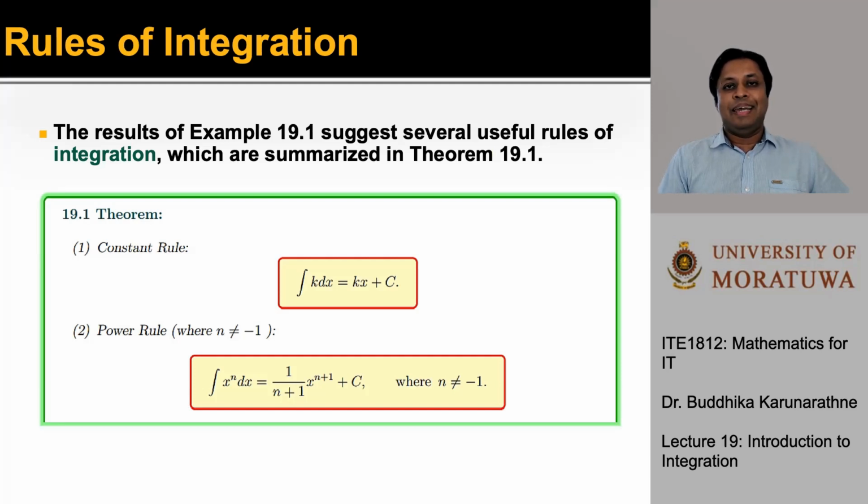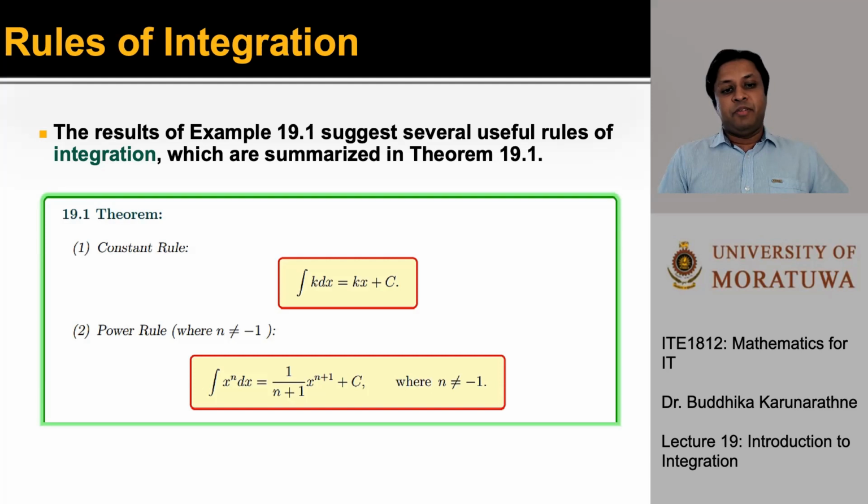When you differentiate k times x, you take k to the front, and differentiating x with respect to x gives 1. The eventual answer will be equal to k. So that's the constant rule, and that's how you understand its behavior.